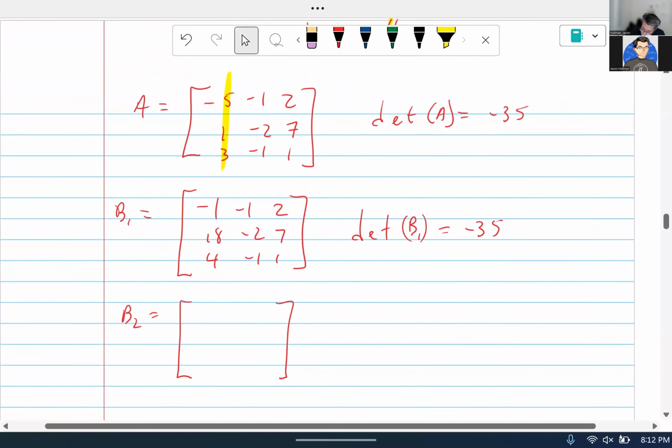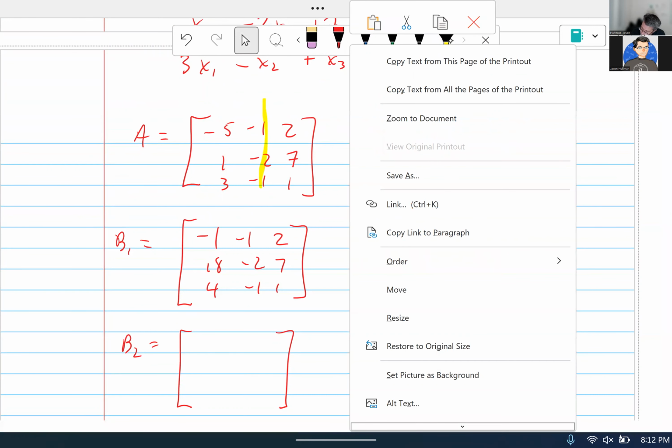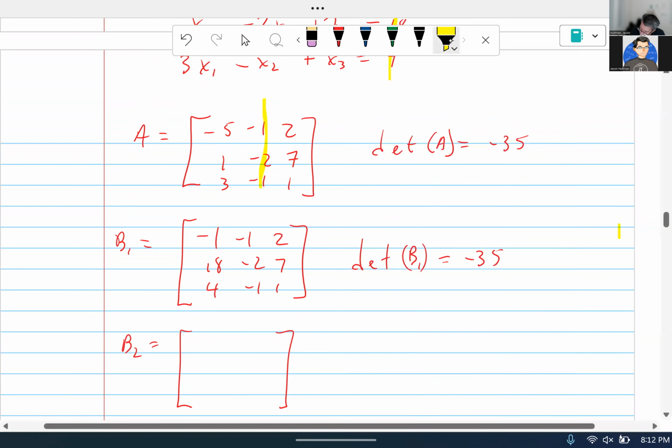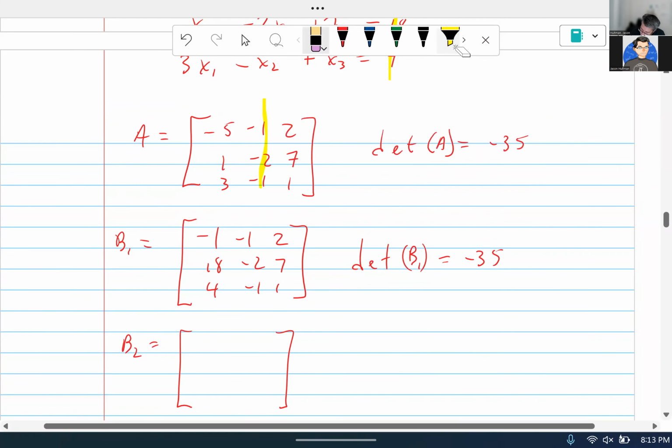I take A, and instead of replacing column 1, I replace column 2 by my constant column vector, which was -1, 18, and 4.